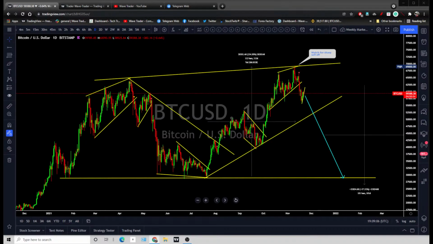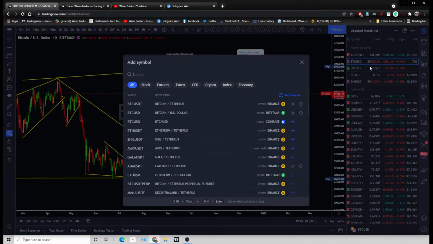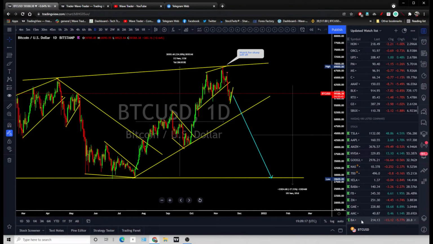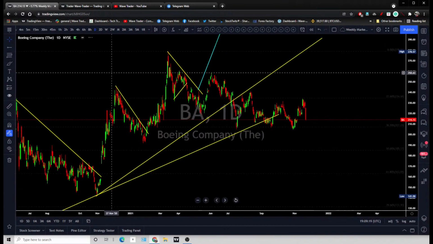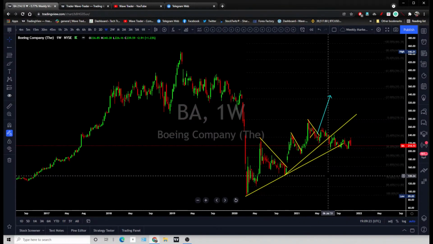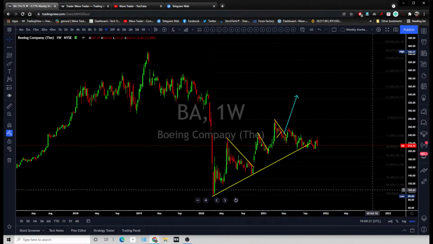BA, or Boeing. All right, so I'm still anticipating this to continue pushing higher. There is no reason for this to drop, because this is simply lagging.